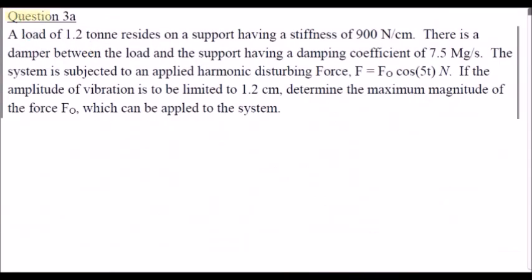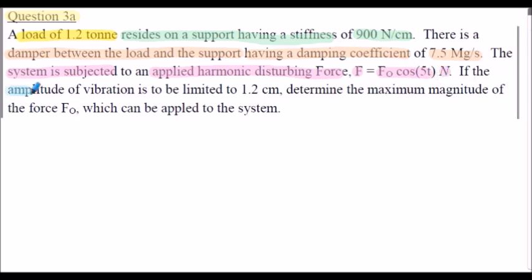Here's question 3a. A load of 1.2 tons resides on a support having a stiffness of 900 newtons per centimetre. There is a damper positioned between the load and the support having a damping coefficient of 7.5 megagrams per second. The system is subjected to an applied harmonic disturbing force F is equal to F0 cos 5t newtons.